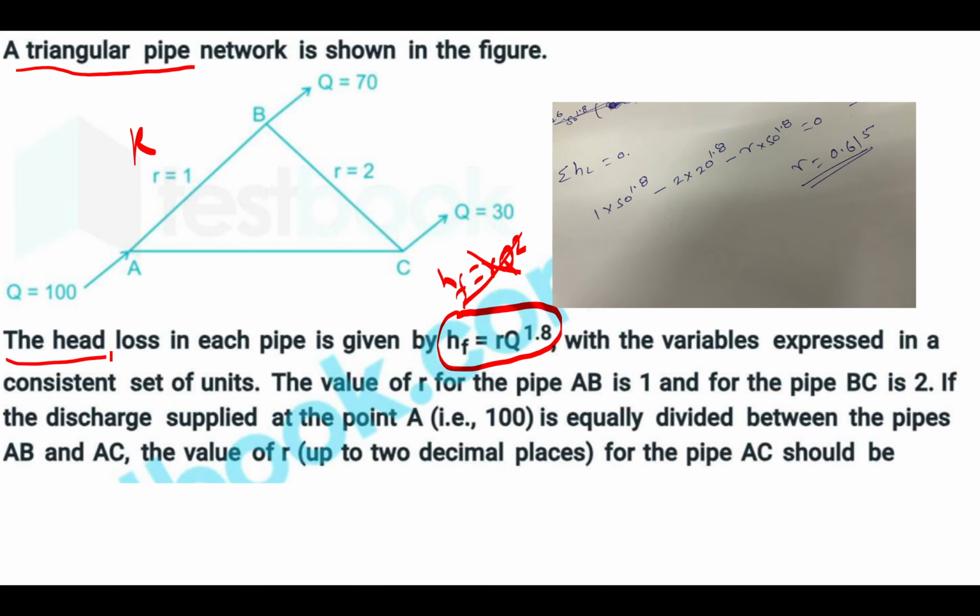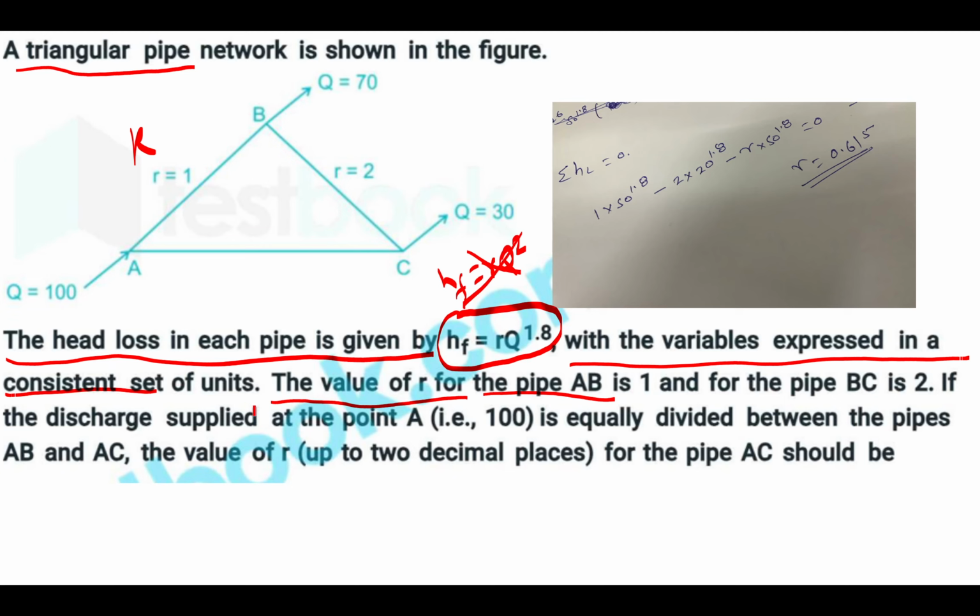The head loss in each pipe is given by HF is equal to R Q to the power 1.8, with the variables expressed in a consistent set of units. Okay, that is the unit consistent. The value of R for the pipe AB is 1, and for pipe BC is 2.